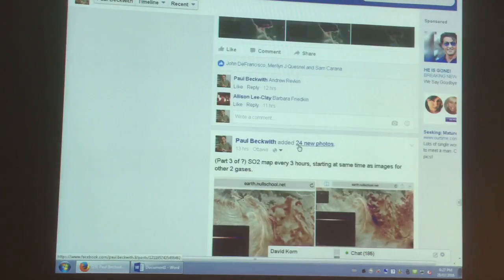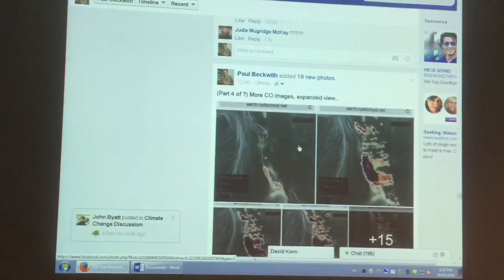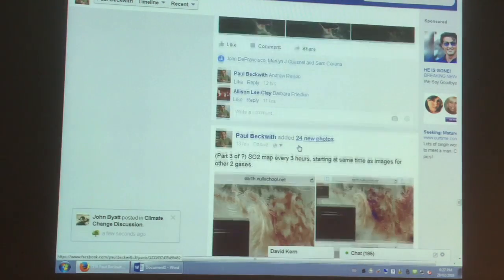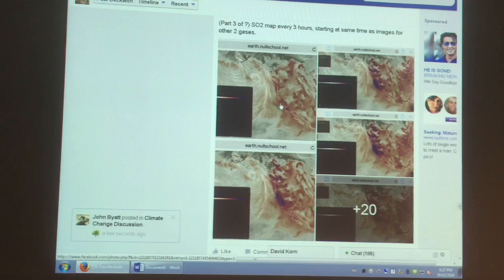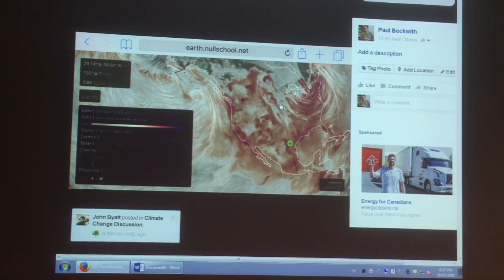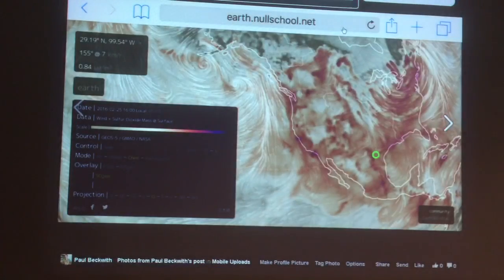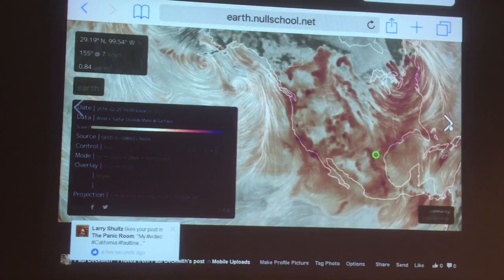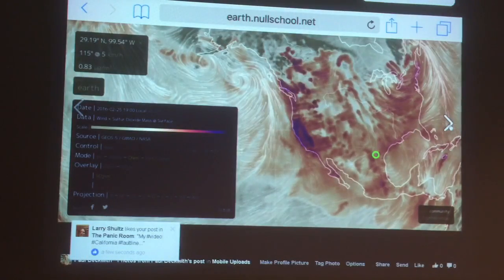Okay, so is it a faulty detector? Well, this is just for carbon monoxide. Let's have a look at sulfur dioxide. Okay, this is a map. Once again, this is February 25th, 1600 local time, and you can see the SO2 levels. Now we'll cycle through here. Okay, you can see the clear increase here, which corresponds to fault lines in California.